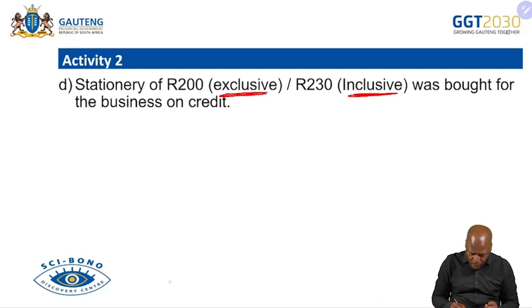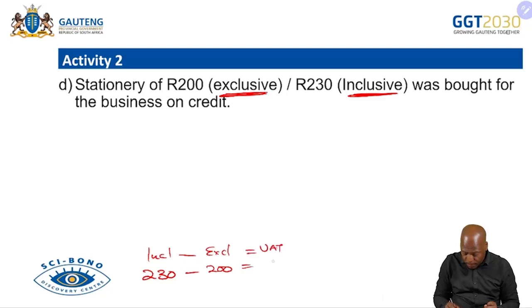And then we are saying 230. 230 is your inclusive minus your exclusive. 230 minus 200, that is going to give you your VAT. And already this one is an easy one, guys. Come on. 230 minus 200. Obviously, you get your 30 rands.